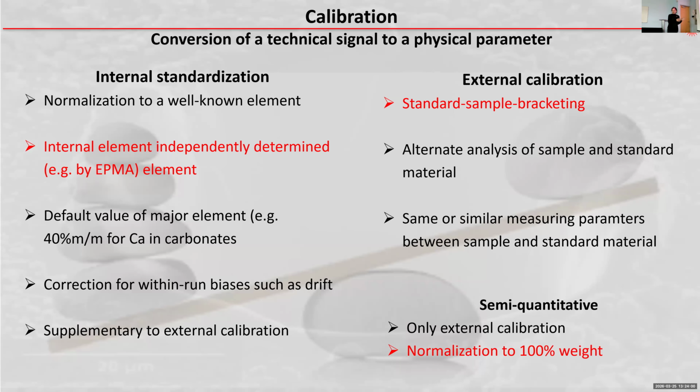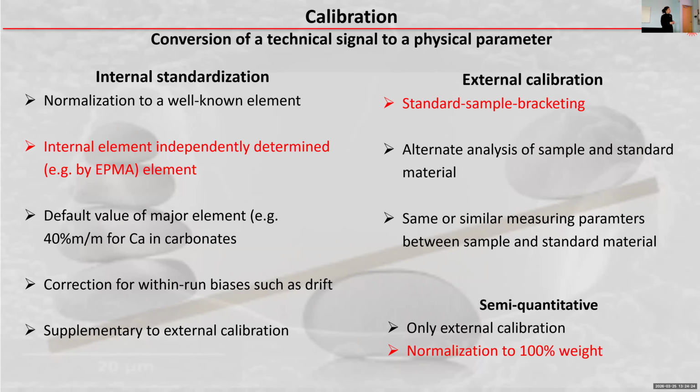You have your primary standards for the external calibration. In laser ablation ICP-MS, you have no choice but to do standard sample bracketing. That is, you start with your standard, then analyze your sample, and you alternate that, so you can draw a very nice calibration line between the two of them.